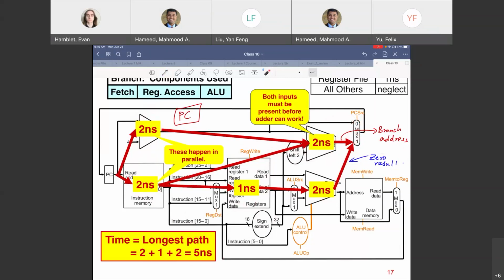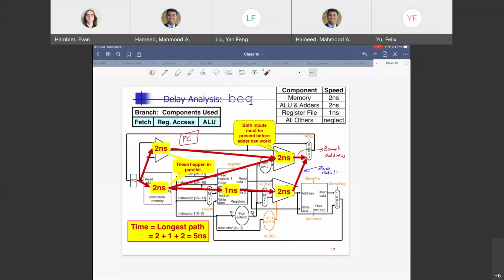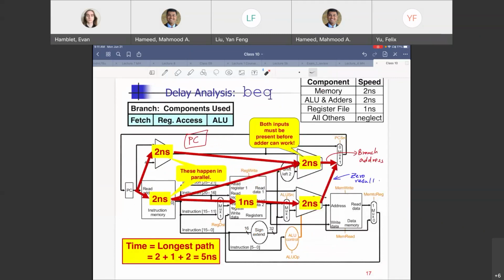You guys see that? So shortest path would be 2 plus 2, but still you are stuck over here because the result is not available after 5. So the longest path over here becomes the bottleneck, which is why we need to consider that as our delay analysis for branch when equal. 5 nanoseconds there.